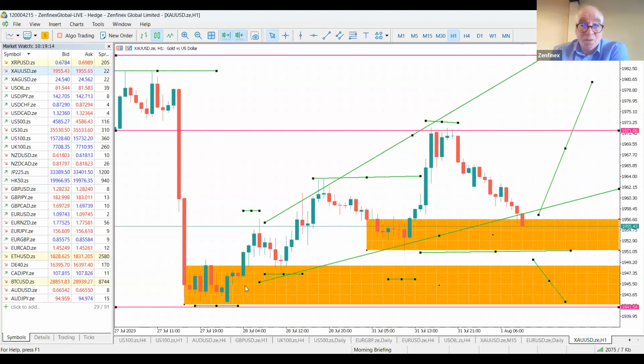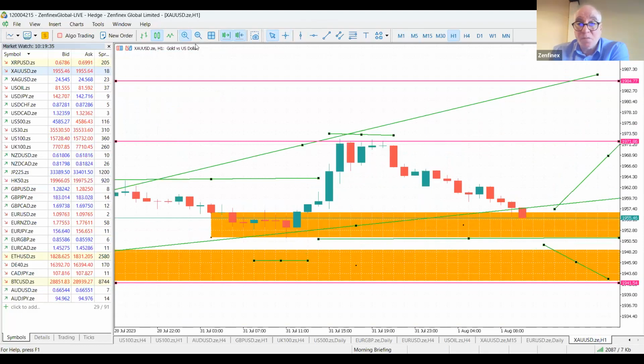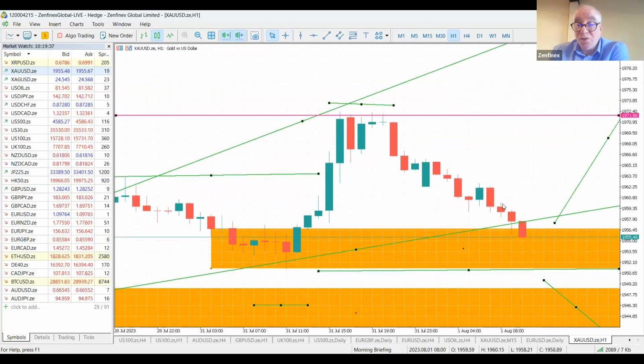So what we need to do, if you're looking to play gold, is to see what happens at this orange area here. On the upside, for example, if we find that price rejects this, because remember, this is an hourly candle, we're 19 minutes in, we want to see how this candle closes. Is it going to continue to be weak, or is it going to find some sort of bounce off this level here?